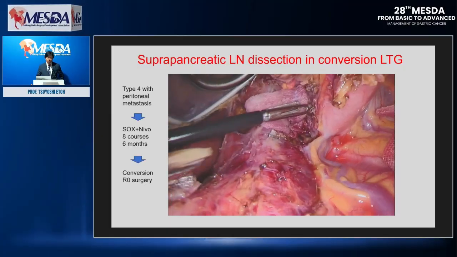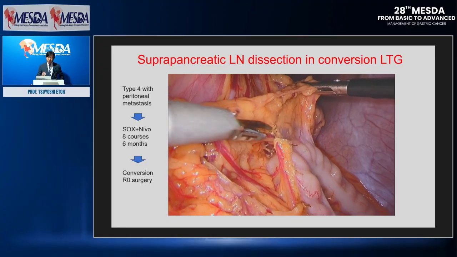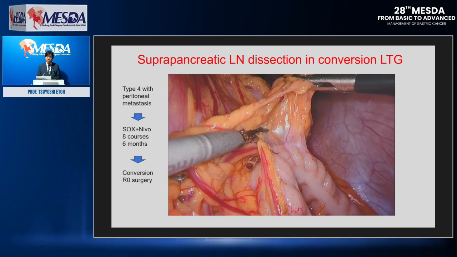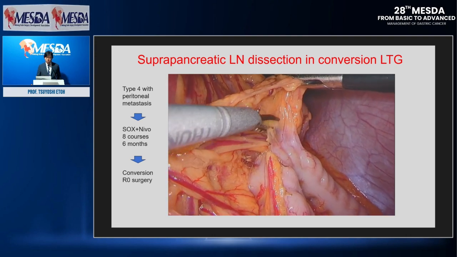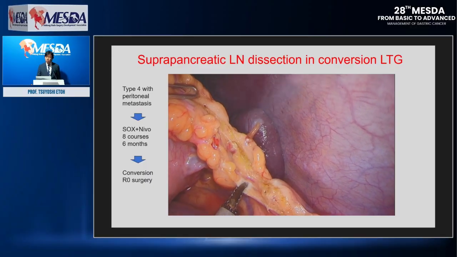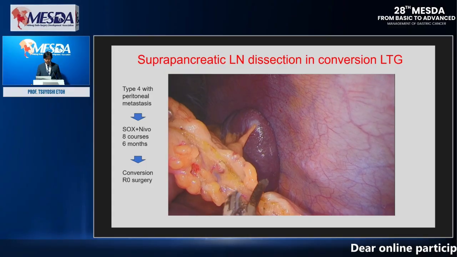Of course, there's no evidence of an advantage of minimally invasive surgery in conversion surgery, and no survival benefit at this moment, so we have to continue accumulating data on the feasibility of this procedure in conversion surgery.